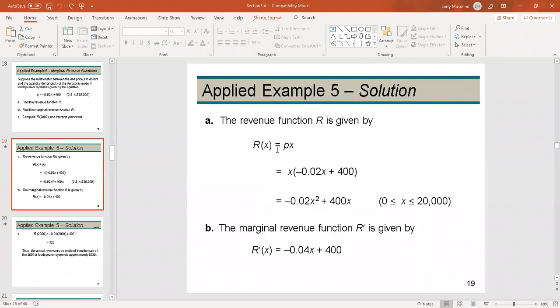All right, well, the revenue function is P times X. But remember, in this example, P was given as this function, so this is P. So multiplying P times X, I end up with this quadratic function. So this is R of X. Now they want the marginal revenue function, that's R prime, so I'm just going to take the derivative of R of X. Then they want me to calculate R prime of 2000.